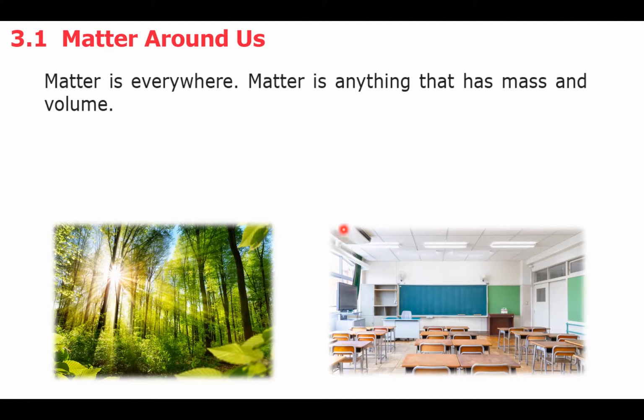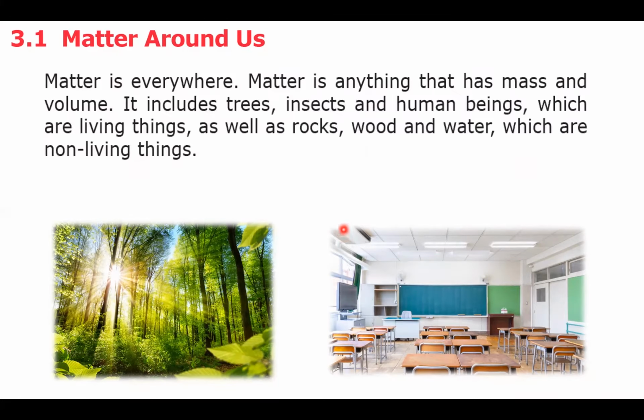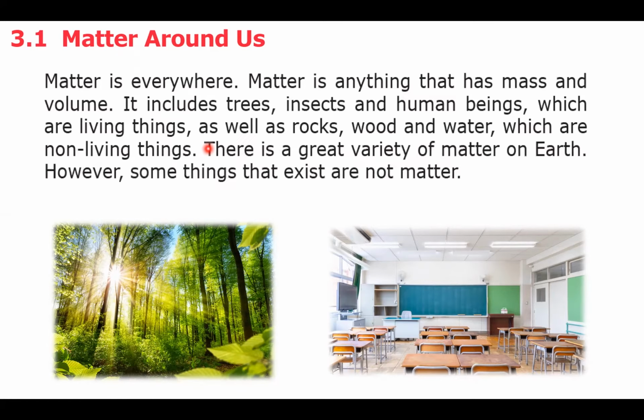Matter is anything that has mass and volume. So this includes trees, insects, and human beings, which are living things, as well as rocks, wood, and water, which are non-living things. So matter bukan saja untuk barang yang hidup, barang yang tak hidup pun dipanggil matter juga. There is a great variety of matter on Earth.